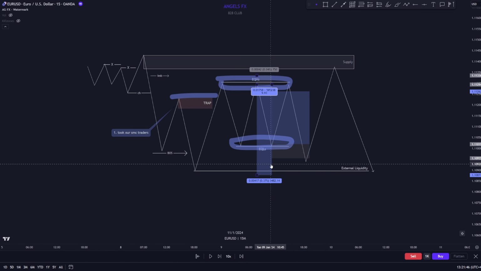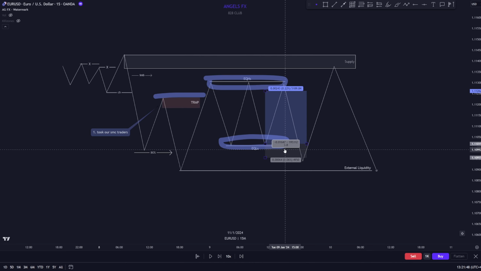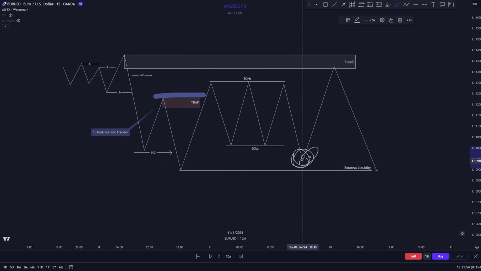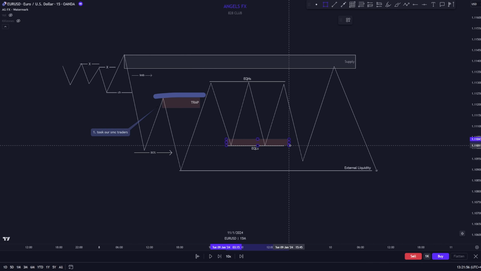And what price did? Price firstly took out equal lows. As you can see, price took out liquidity with this move. So now support traders lost their trade, so we can say it took support traders out of positions.